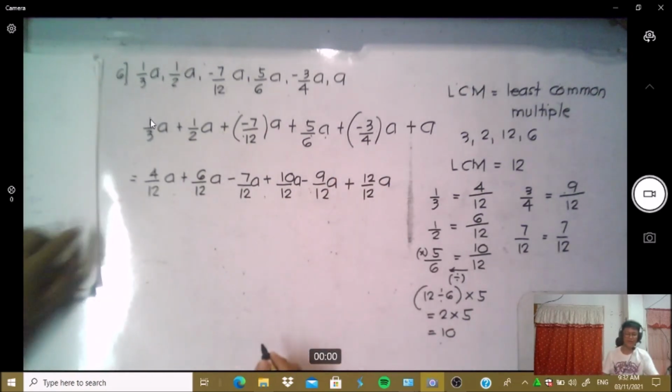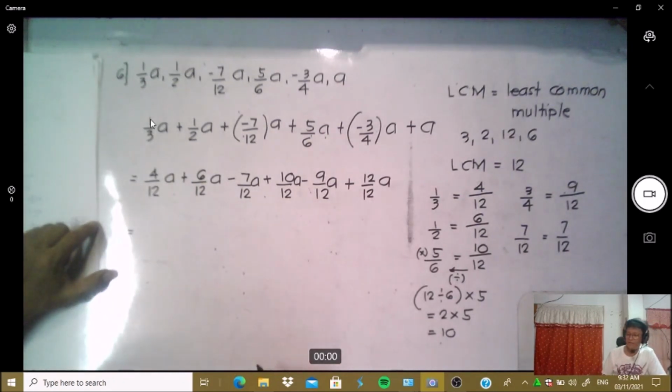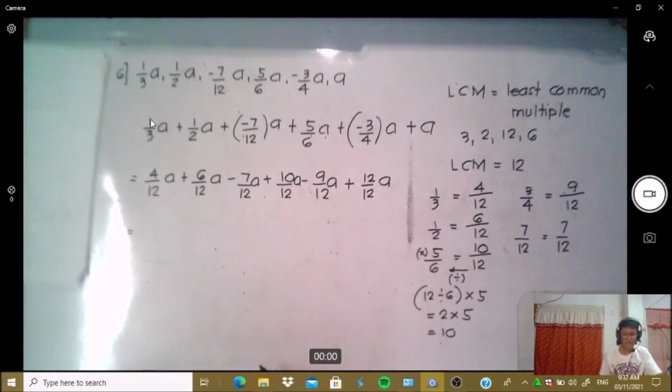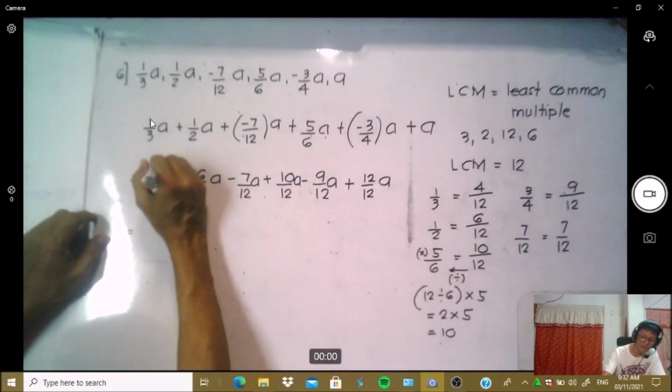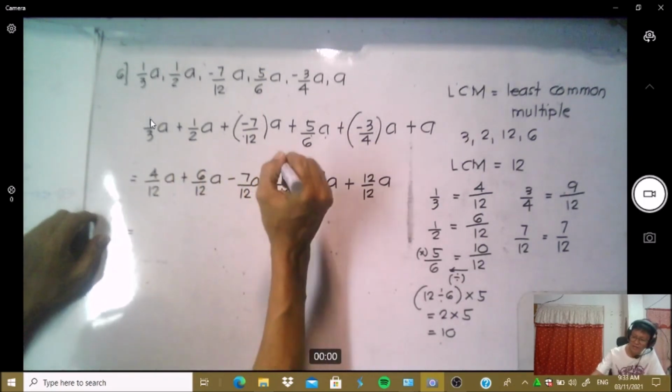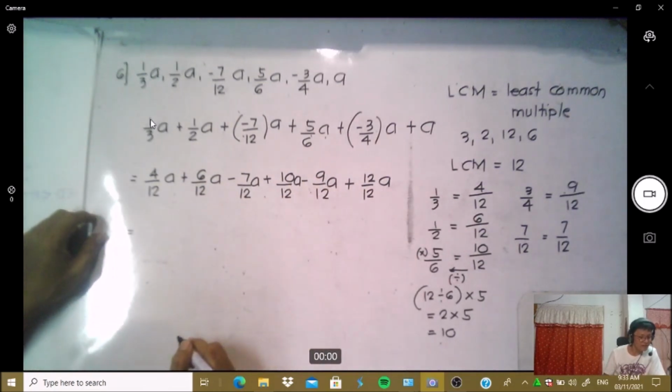Now you will see that our coefficients are all fractions with the same denominator. What we are going to do is just add algebraically: 4 plus 6 minus 7 plus 10 minus 9 plus 12.